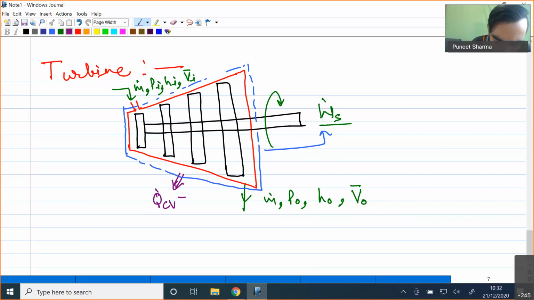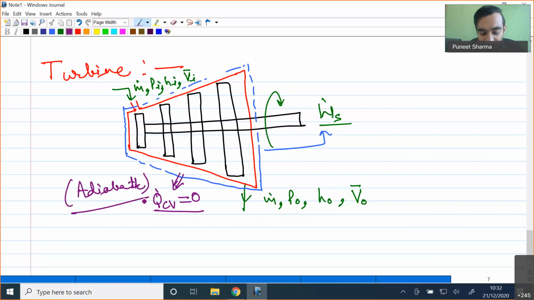That's why Q dot CV equals 0, and we say that the process inside the turbine is adiabatic. Apart from that, the change in elevation at inlet and outlet is almost negligible, so we consider that the change of potential energy, delta PE, is equal to 0, because the change of elevation in a turbine is very, very small.